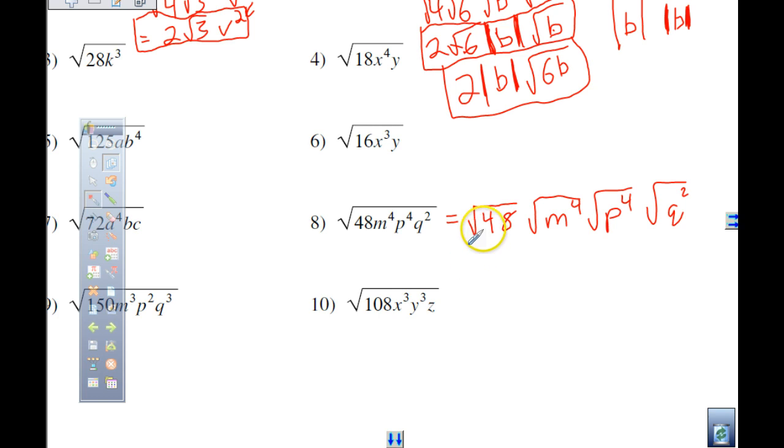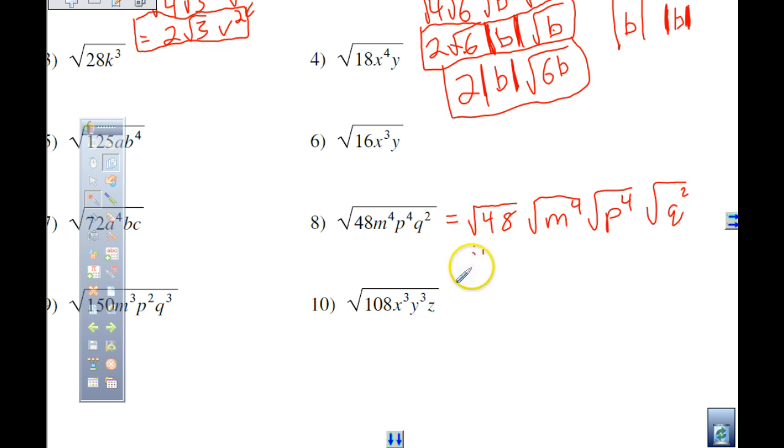So here is what? Anything yet? What's the biggest square root that goes into 48? 16.